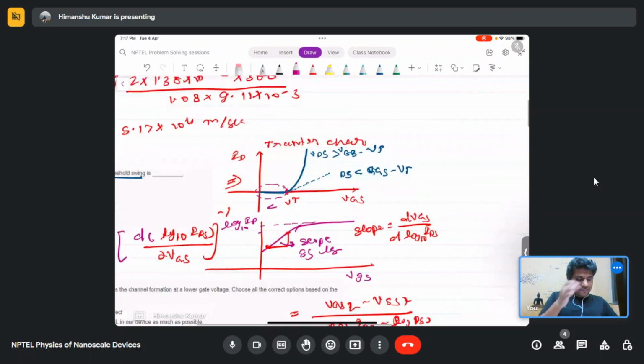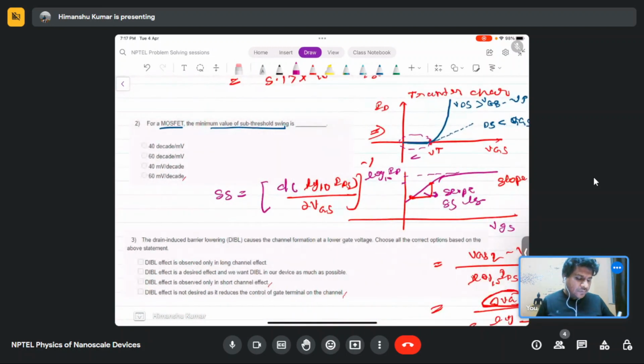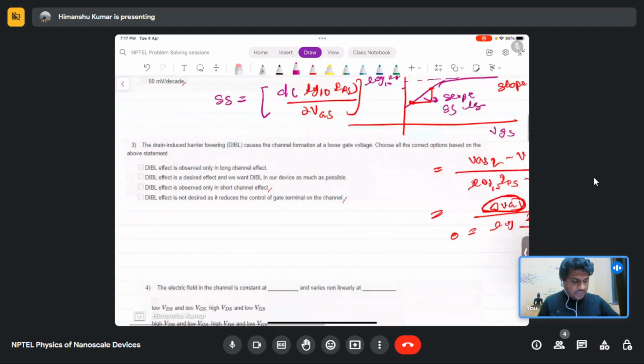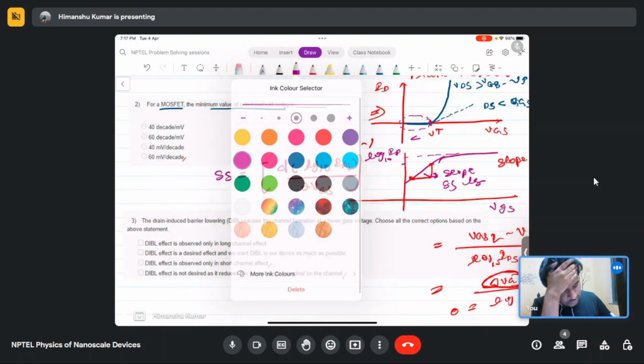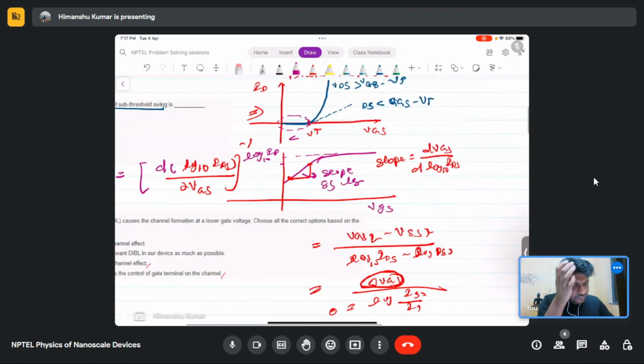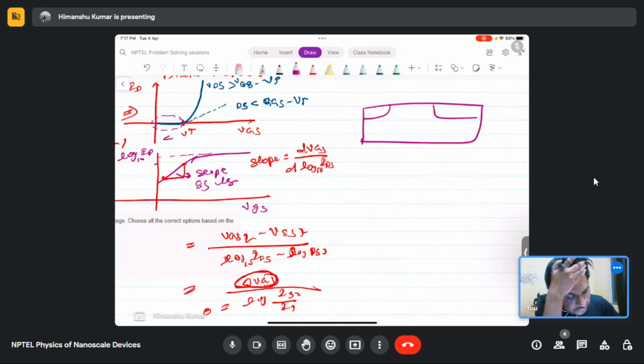And for a MOSFET, let me go to the details. Suppose this is the MOSFET, and this is the dielectric, and this is source, drain, and gate.